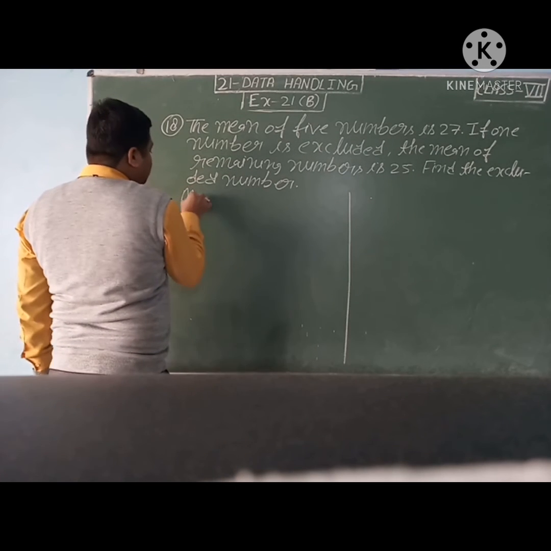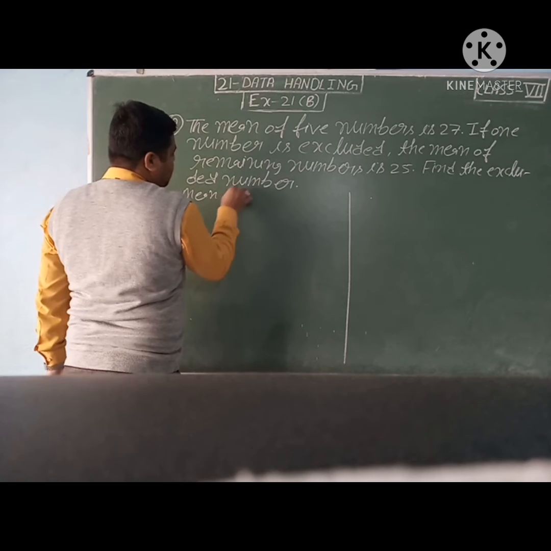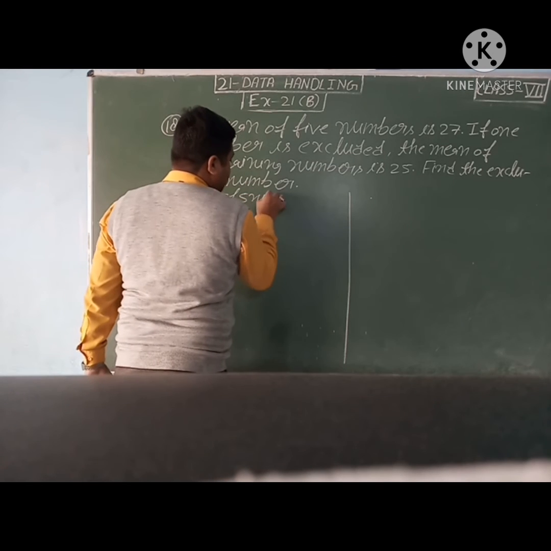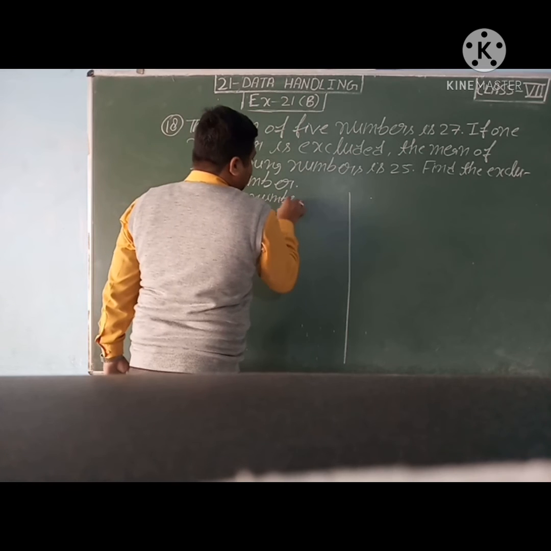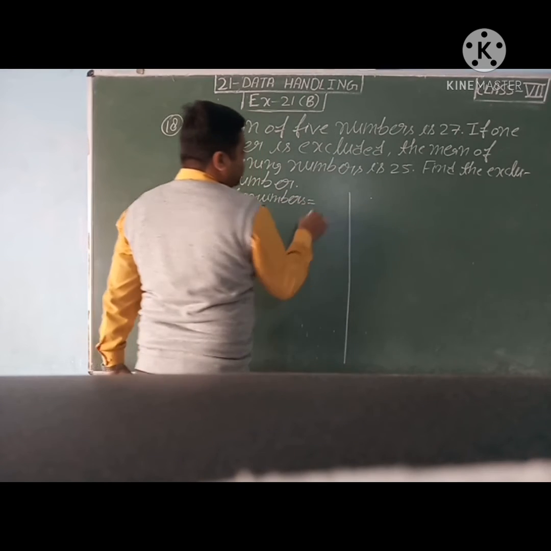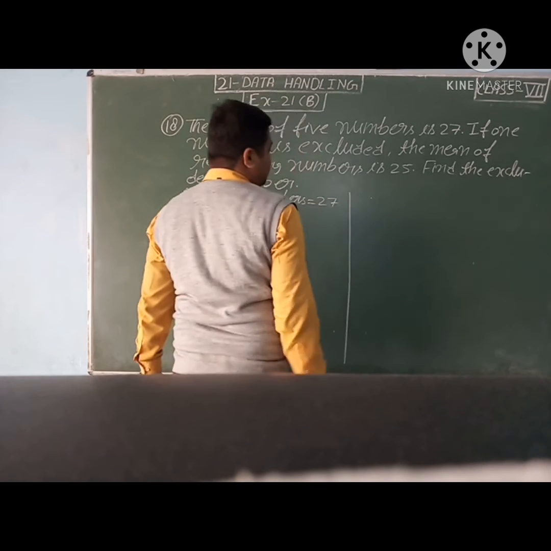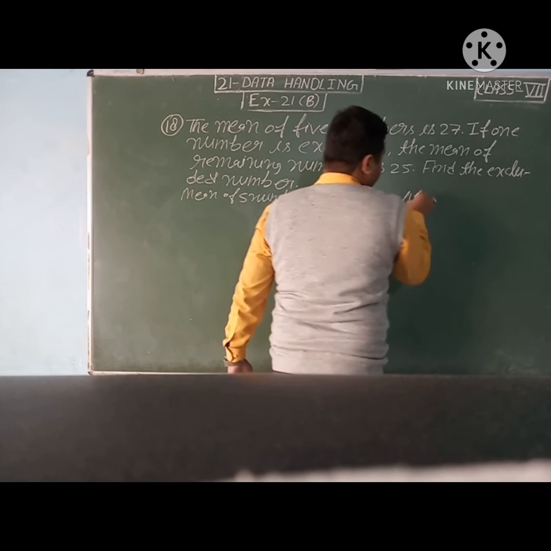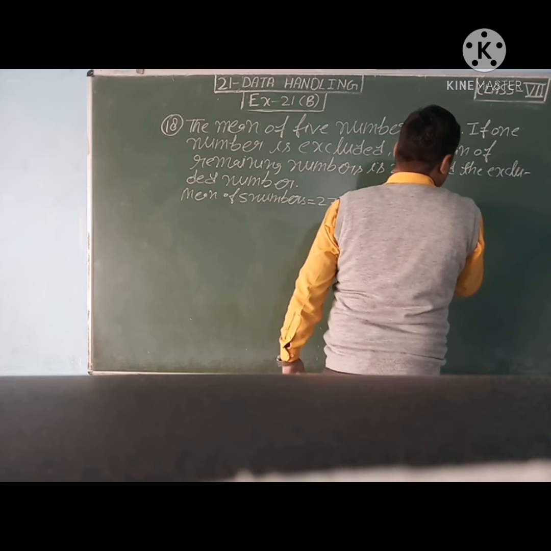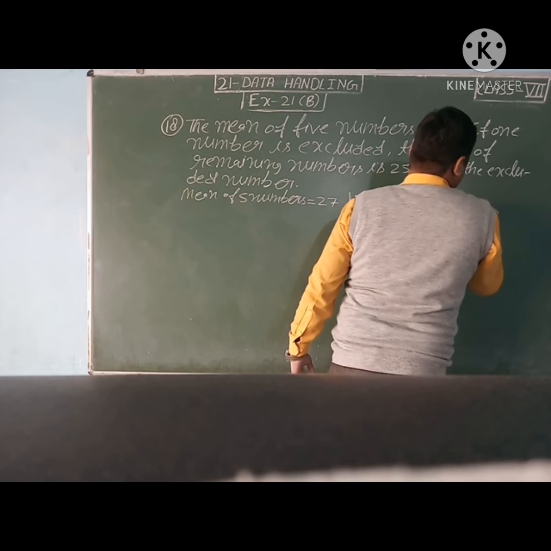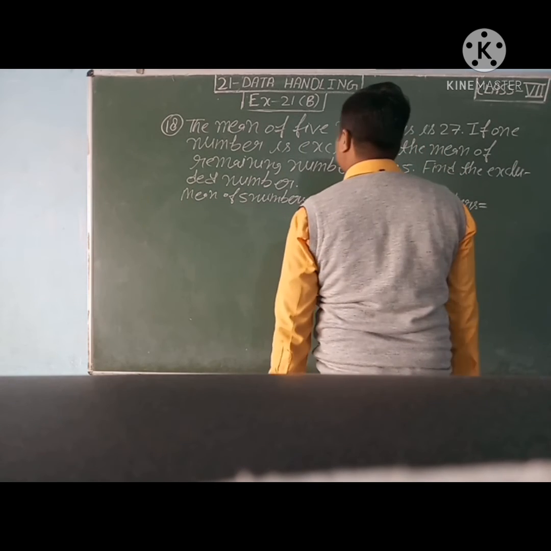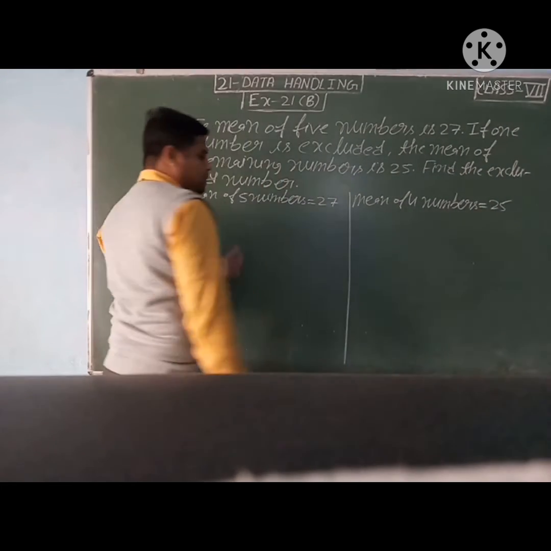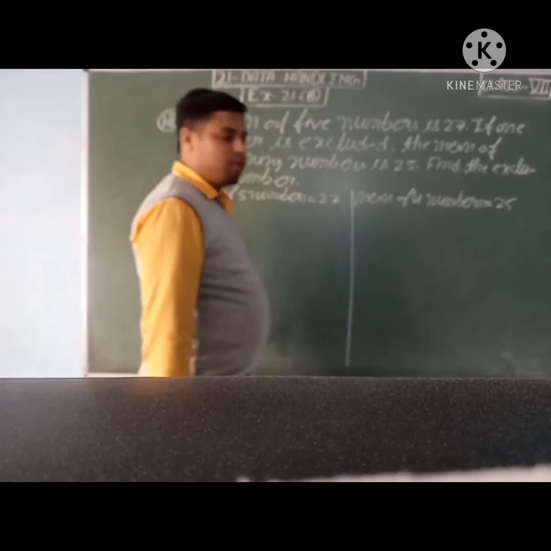Mean of 5 numbers is equal to 27. Then mean of 4 numbers is equal to 25. So first we will find the sum of 5 numbers and the sum of 4 numbers.